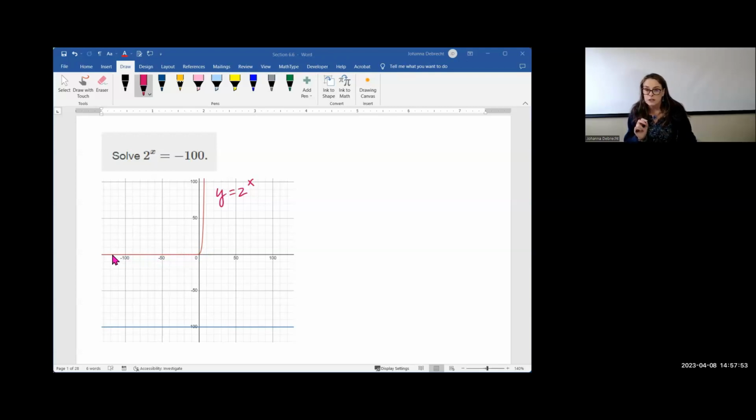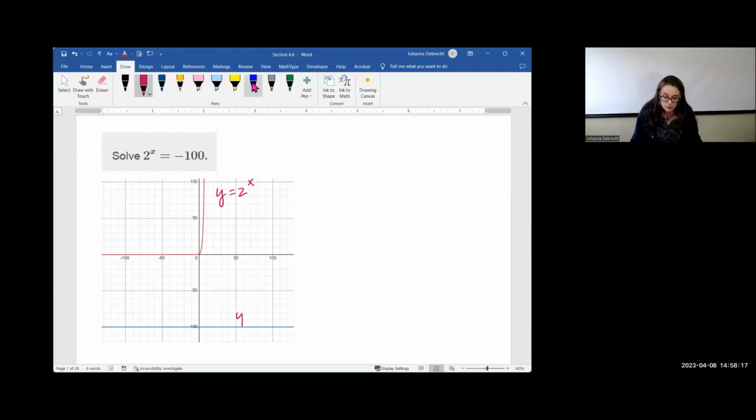But remember, it never touches or crosses it. It cannot actually come out to be 0 because the base is a positive 2. And of course, our domain is going to be from negative infinity to infinity, but our range is from open 0 to infinity. The right-hand side is the equation y equals negative 100.